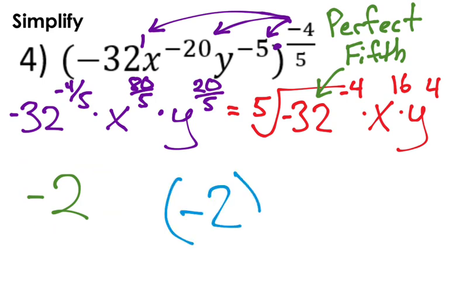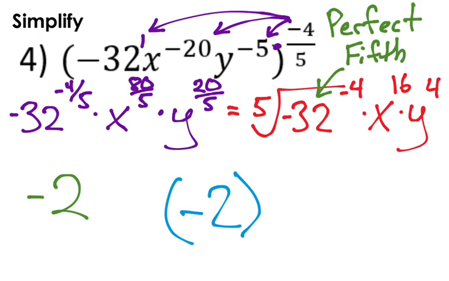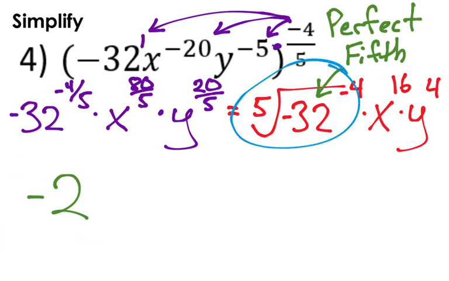Because -2 to the 5th power, if you put that into the calculator, you would get -32. You are allowed to take an odd root of a negative number. It's probably something we should practice in class a little bit more, or hopefully we did before you started watching all these videos. All right, we have the perfect fifth being -2, and that was the first part of that.